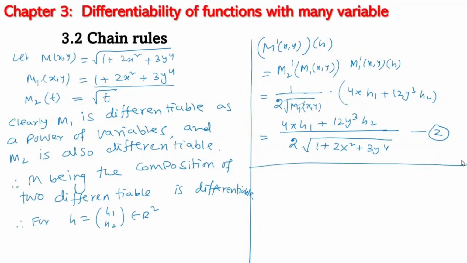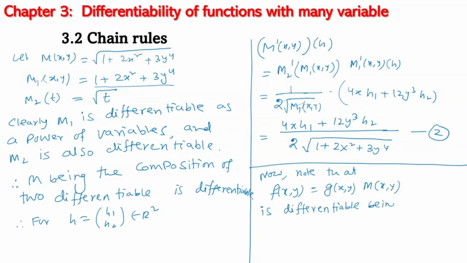Next, consider the given function f. Note that f(x,y) is equal to g(x,y) multiplied by m(x,y), which is differentiable, being the product of two differentiable functions.